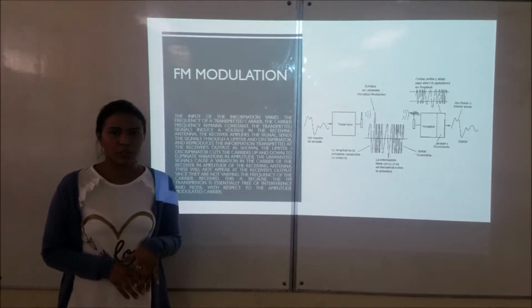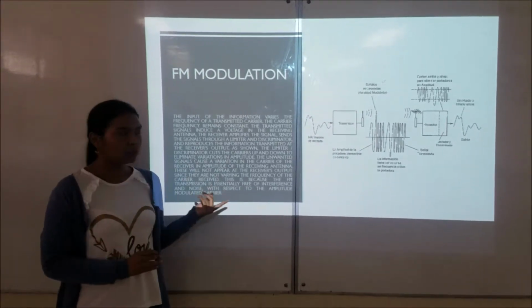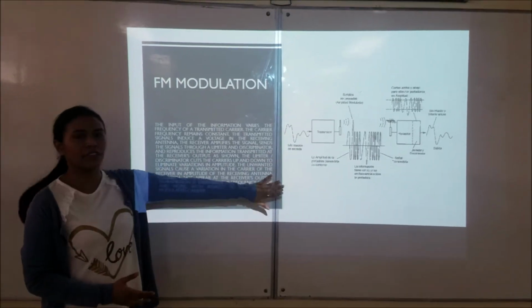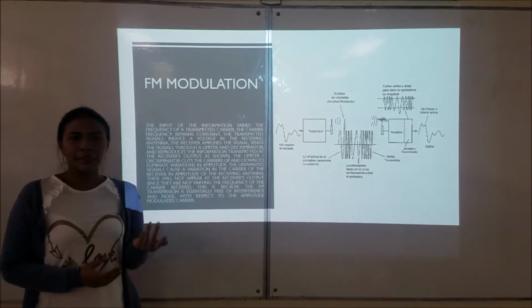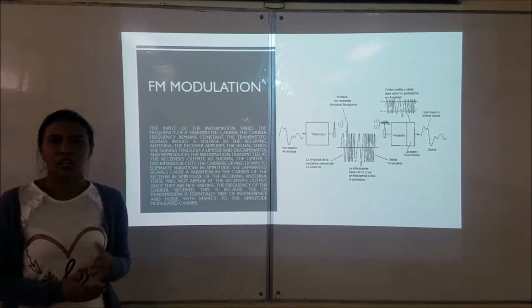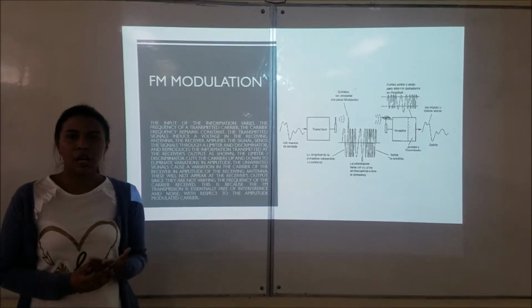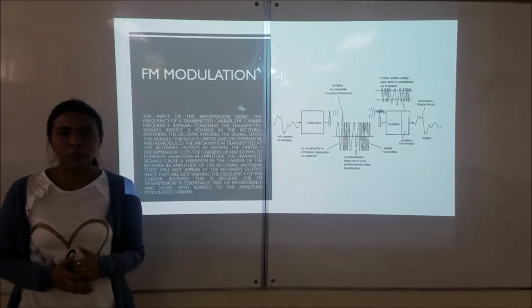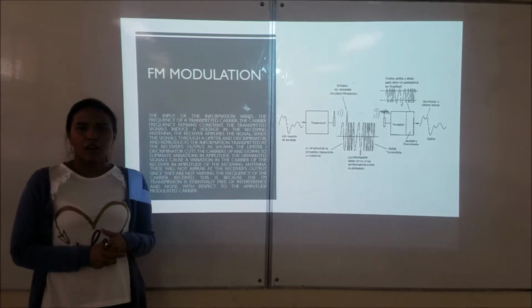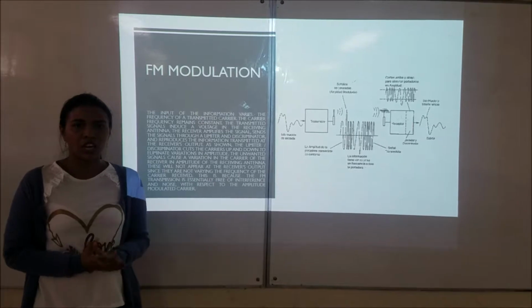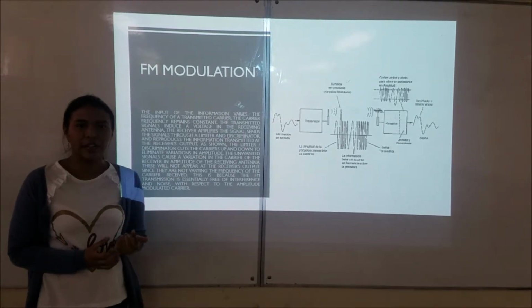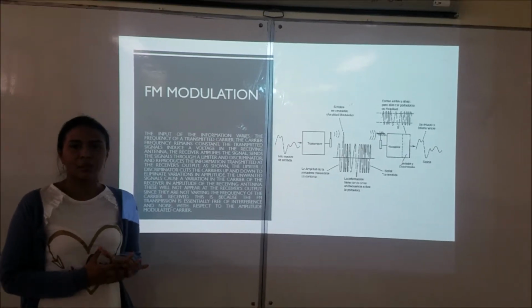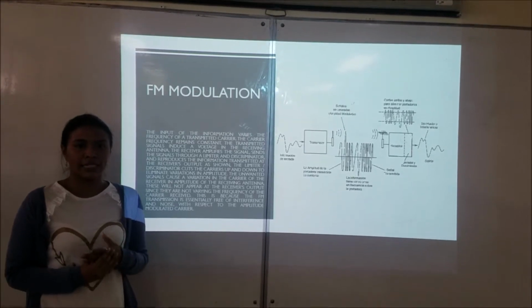receiver output. As you can see here, the limiter or discriminator cuts the carrier up and down to eliminate variation in amplitude. The unwanted signals cause a variation in the amplitude of the carrier at the receiving antenna.